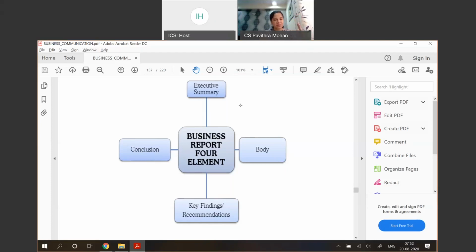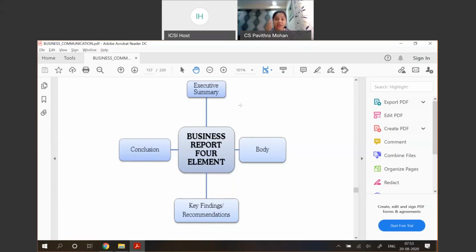First will be only the chapter headings. The next will be chapter headings with a little bit of content on what we cover in each chapter. Then we go into detail in each chapter. After that, we are going to give something called key findings and recommendations. You can give this at the end or after each chapter.